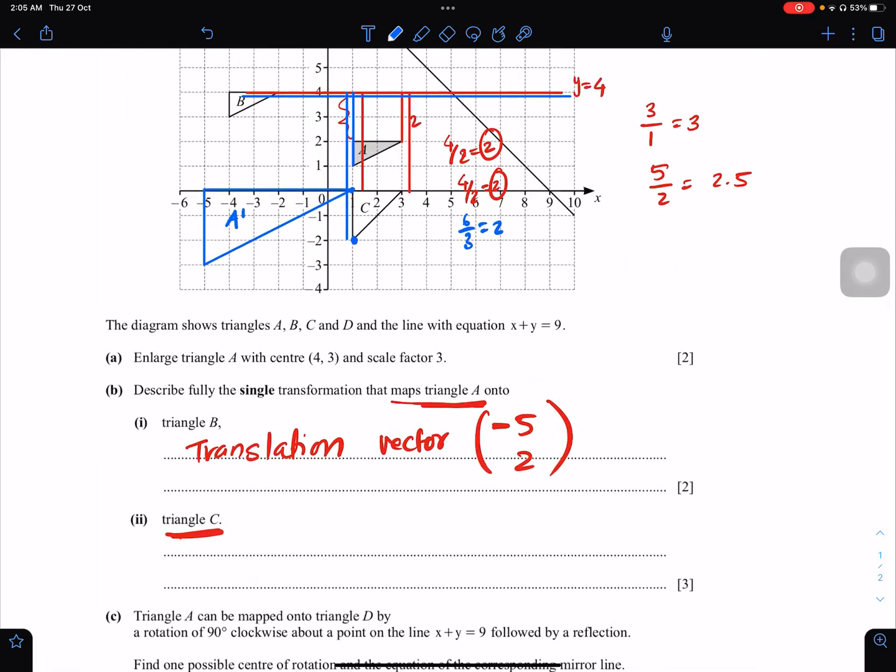So A can be mapped to triangle C by a stretch with scale factor 2 with the invariant line at y equals 4.